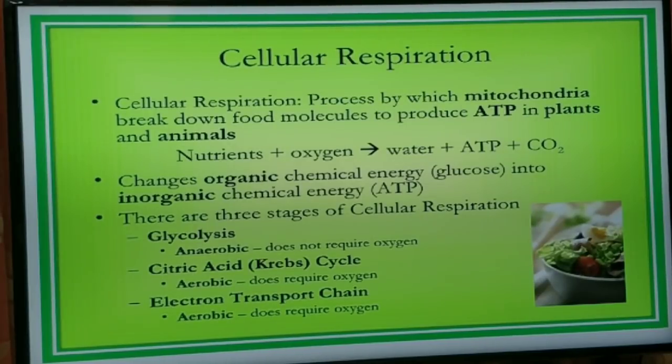It takes place inside the mitochondria, where food is broken down and ATP is produced both in plants as well as in animals. Nutrients plus oxygen are oxidized into water plus ATP, which means energy molecules, plus carbon dioxide.